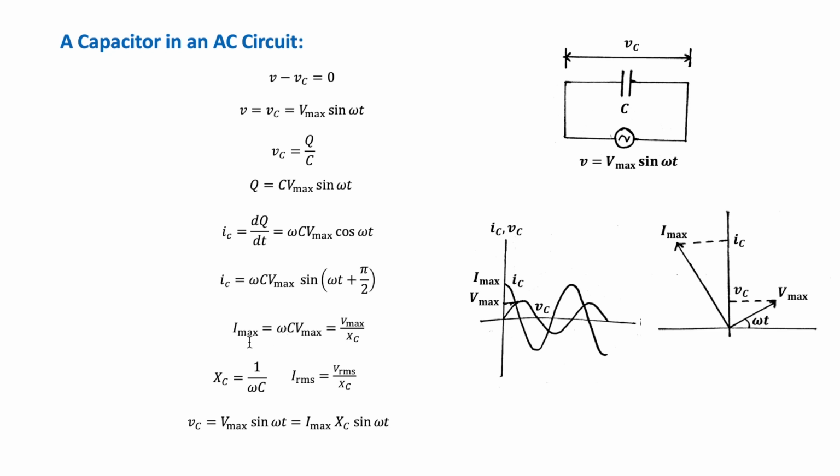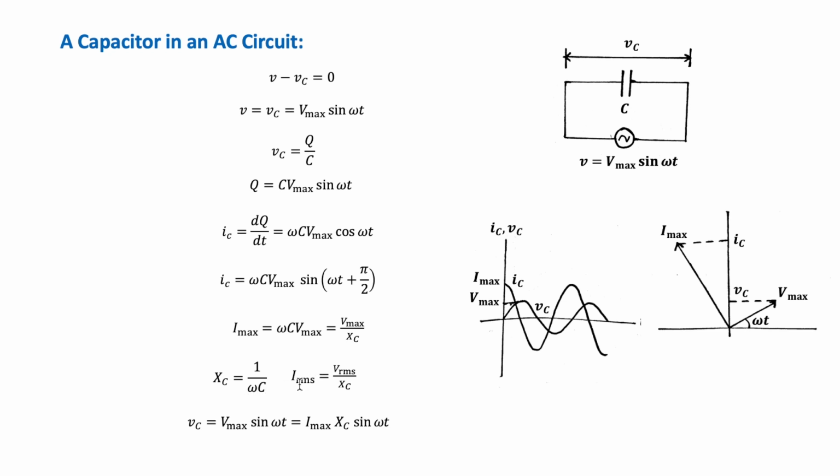And so the maximum current is given by omega C V max, equal to V max over X C, and X C, which is equal to 1 over omega C, is a quantity known as the capacitive reactance.